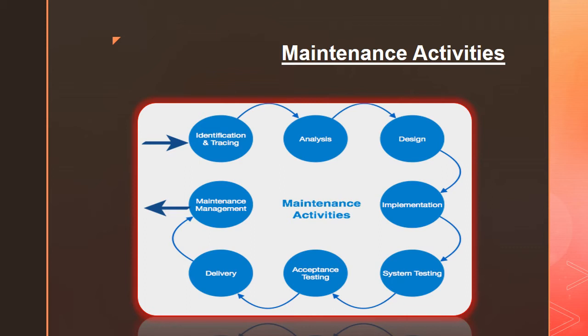Then after doing implementation, which means that we have converted that design into the software code, now we are doing the system testing. System testing means that after doing the implementation or after generating the programming code, we are now testing all the newly created modules, and this can be done by unit testing and integration testing.